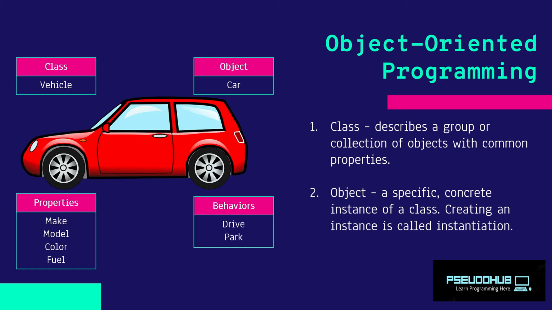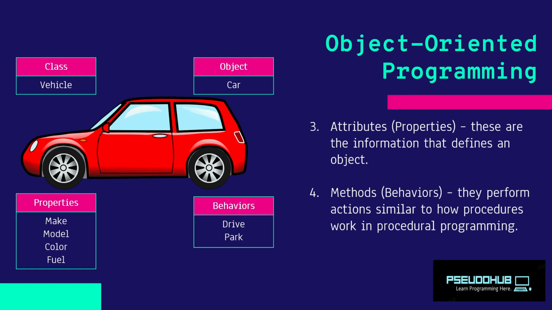Pag moingon ta og human, so human is just the abstract na concept. Okay? So pag mag-create kag human, of course, it can be either a man or a woman. Di ba? So katong si man or a woman, that's the instance of a class or an instance of a human. And a woman or a man is, of course, an object. Di ba? That's the explanation of class and then the object.